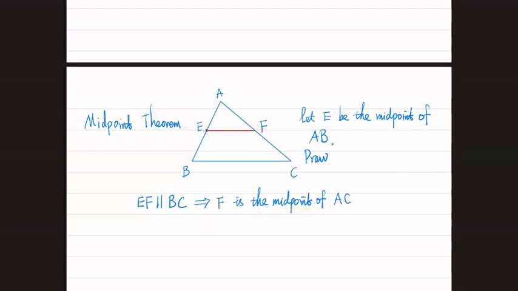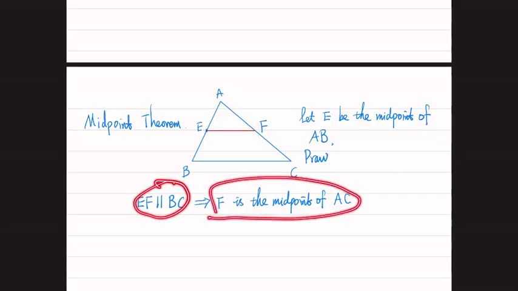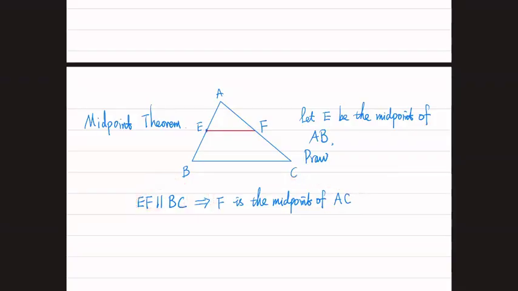So now we can see this is a sufficient condition for F to be the midpoint. But we can go the other way. We check if these are two midpoints, then this must be parallel to BC. We can go the other way. Now we get to the conclusion that this is a necessary and sufficient condition.